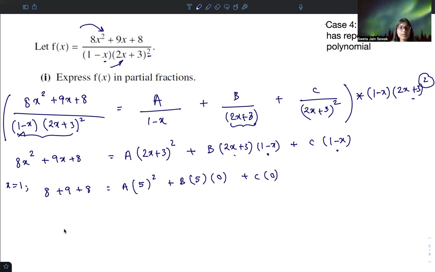So 8 plus 9, 17, plus 8 is 25, equal to 25A, and hence A is equal to 1.